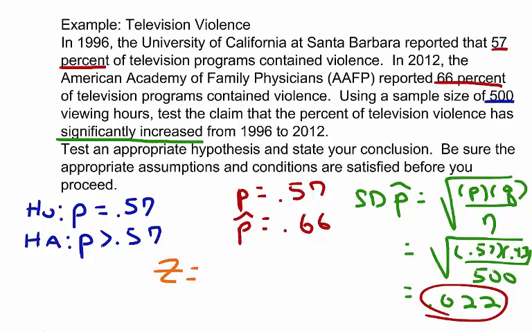For our z-score formula, we'll use P hat minus P, divided by the standard deviation for P hat. In other words, our sample proportion minus our population proportion divided by the standard deviation of our sample proportion.